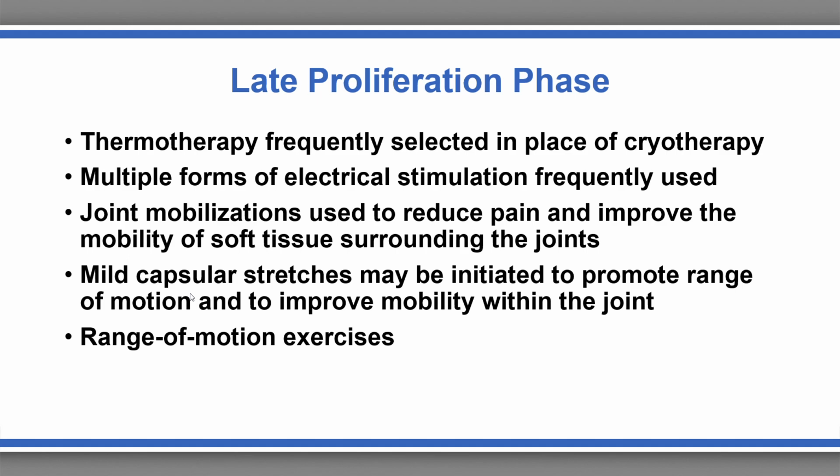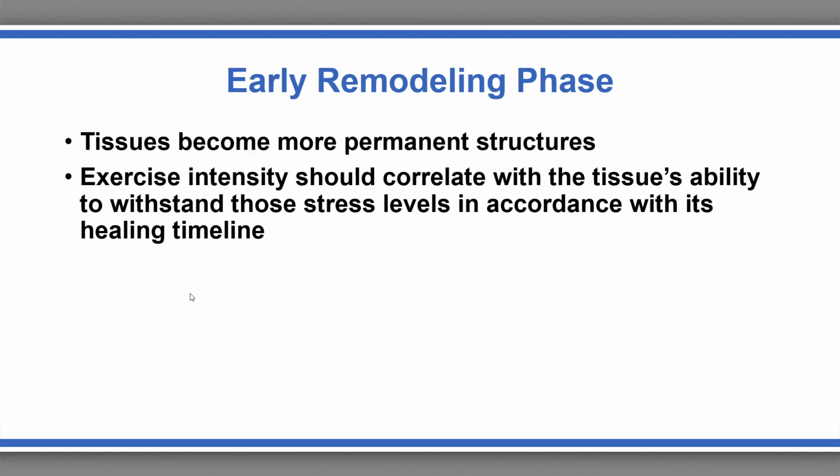And I apologize, I forgot to advance my slide here, but you can see all of these major points listed here. And so that concludes the third phase of healing and how we align our rehab program.